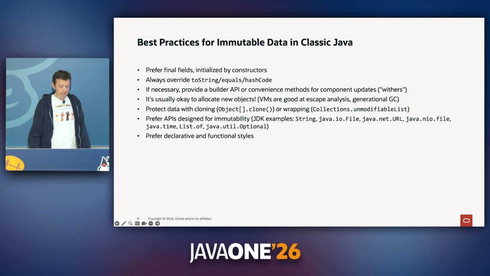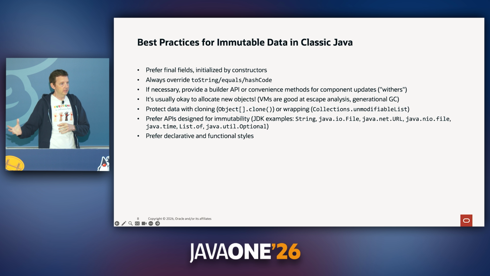There's some great APIs designed for immutability in the JDK. The String class out of the box was immutable, and that was a big deal. That made strings something that were simple to work with as compared to the C counterparts. Also, things like File, URL, those sorts of APIs were designed to be immutable.